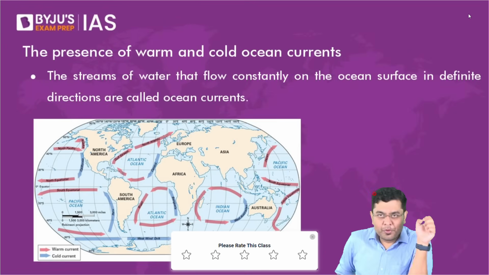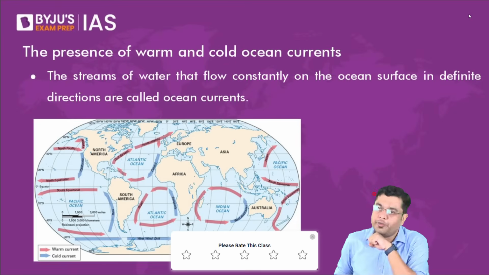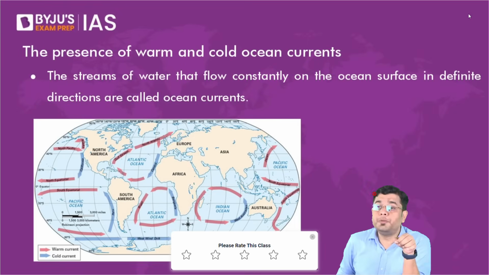Again, before we start to panic, ocean currents is something we will study in very significant detail in the portion of oceanography. But what do we understand by ocean currents? In the case of the oceans, all of you would have seen a river moving in a kind of fixed pattern, in a fixed direction. There is a consistency of flow.